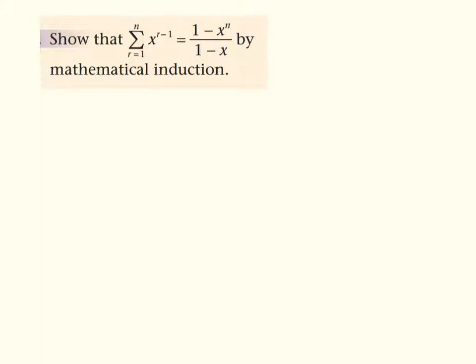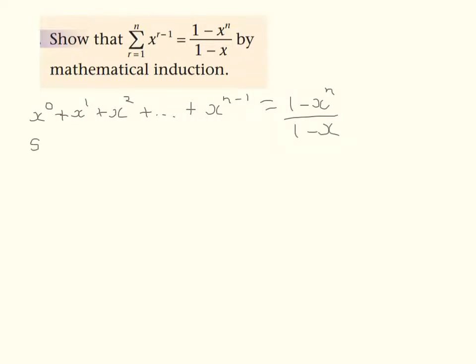So I get x to the 0 plus, and then if I sub in 2, I get x to the 1 plus, if I sub in 3, I get x squared, etc. So that's going up. The last term is n, so it's going to be n minus 1. And I want to show that that sum equals 1 minus x to the n on 1 minus x.